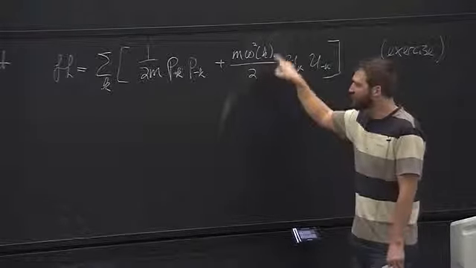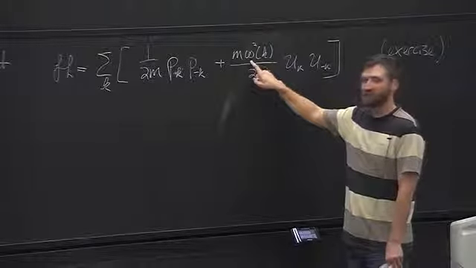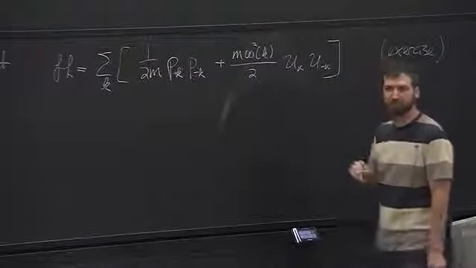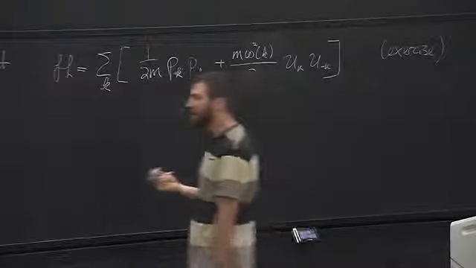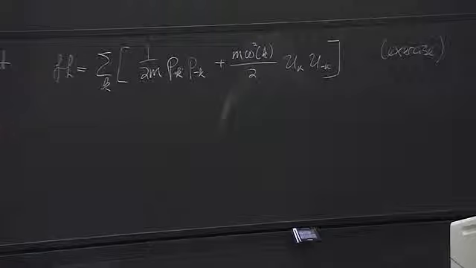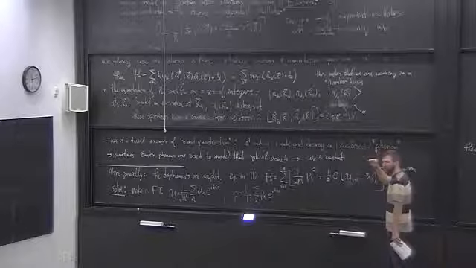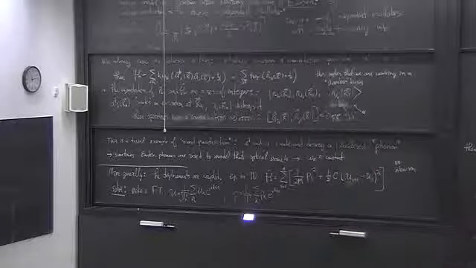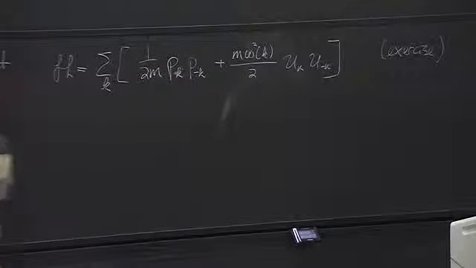And the only important thing is that that frequency depends on that K value. So further then, I could introduce creation and annihilation operators. And they're not the creation and annihilation operators for each independent particle. They're creation and annihilation operators for a collective particle in K space, if you will.